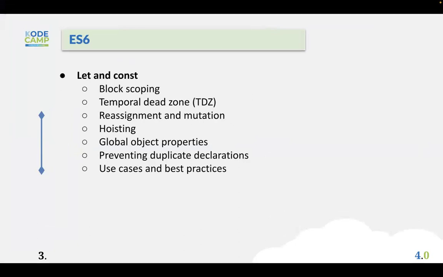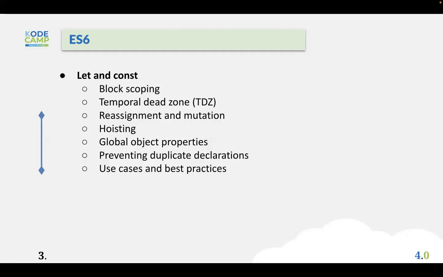Last but not the least on our list. For const, you use const to declare constant variables. const is for variables that hold values that should not change throughout your program execution.